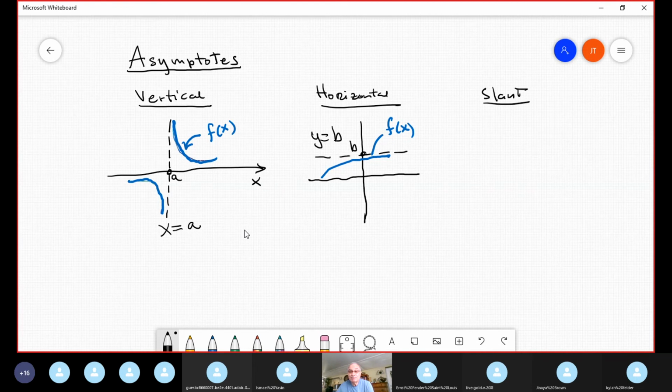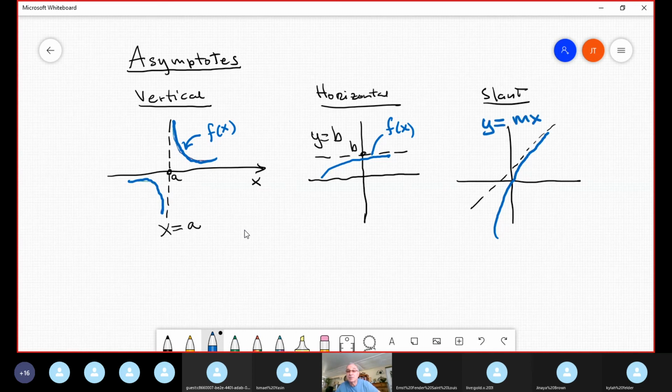And slant, more complicated. Slant is something like that. Look, it's a line. No horizontal, no vertical. I say oblique line. And the function may approach, suppose like that, but never touch. And the equation of this line is the classical equation that you know, y equals mx plus b.